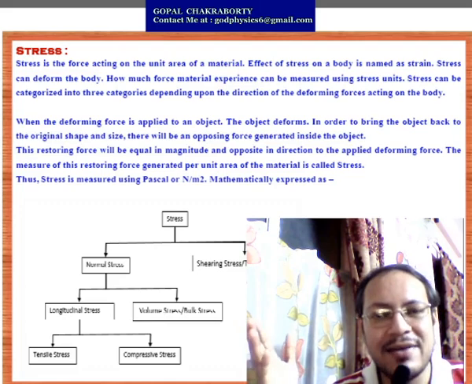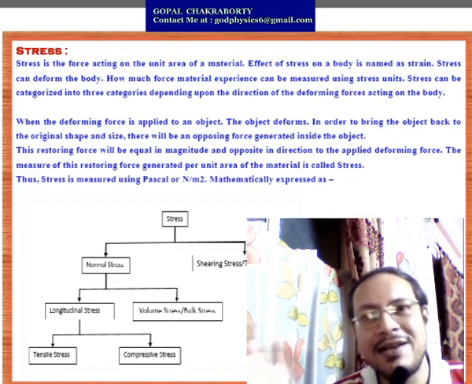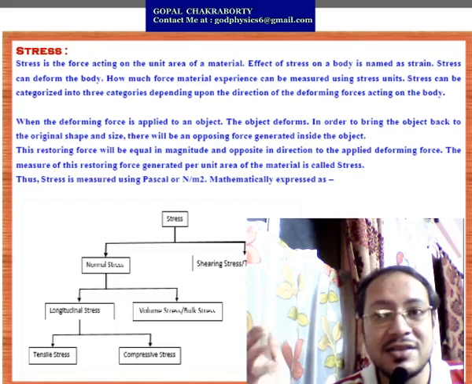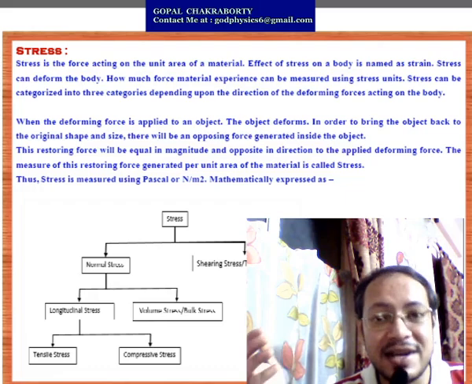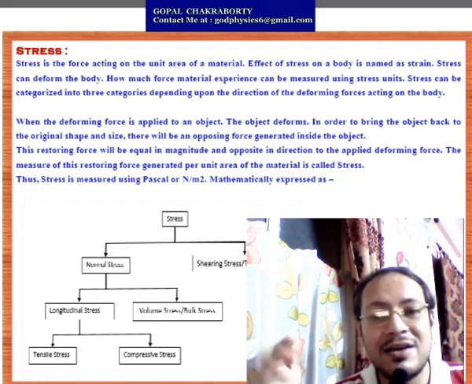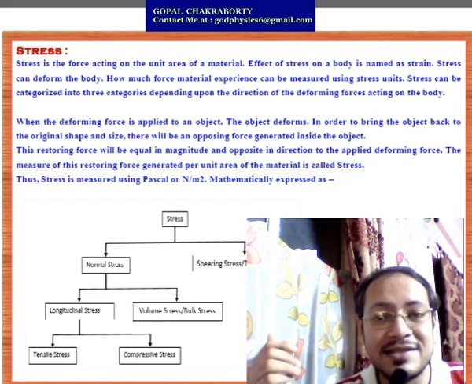Here I will explain stress in detail, and there are different types of stresses. One is normal stress, another one is shearing stress, and there are lots of other types. I will explain them one by one.